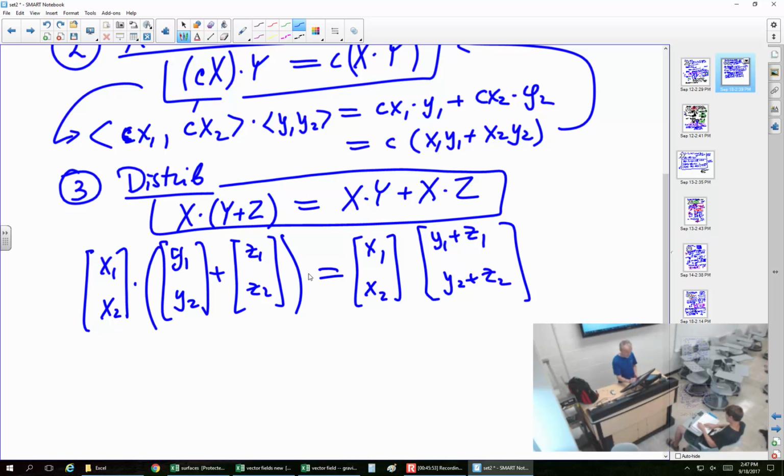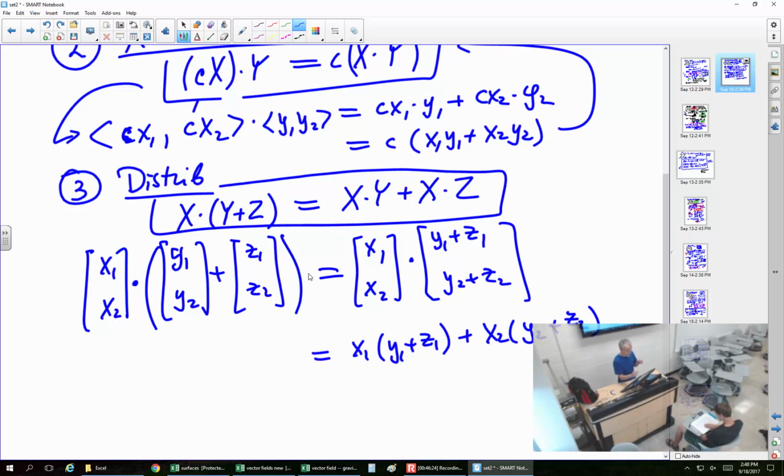And now I am carrying out the dot product here. Okay, so what do I have? Remember, I multiply component-wise: first by first, second by second, then add them together. So it will be x1 times (y1 plus z1), plus x2 times (y2 plus z2). At this point, everything is in fact about numbers now.